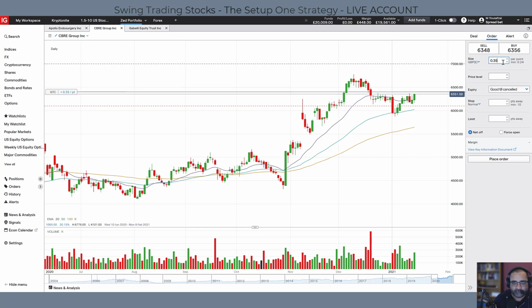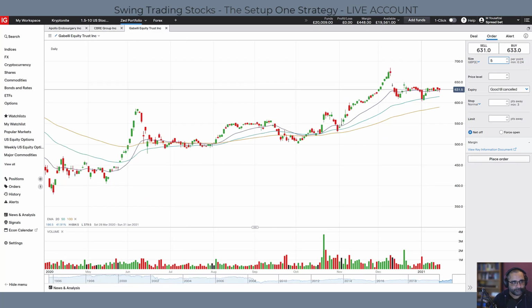Instead of going by a dollar amount with spread betting, you actually bet on each point, and they let you bet up to a certain level. On this stock, per point minimum is 0.24, and when you're setting it up, actually I'm going to set one more order for this one, and then you'll see how I set these up.